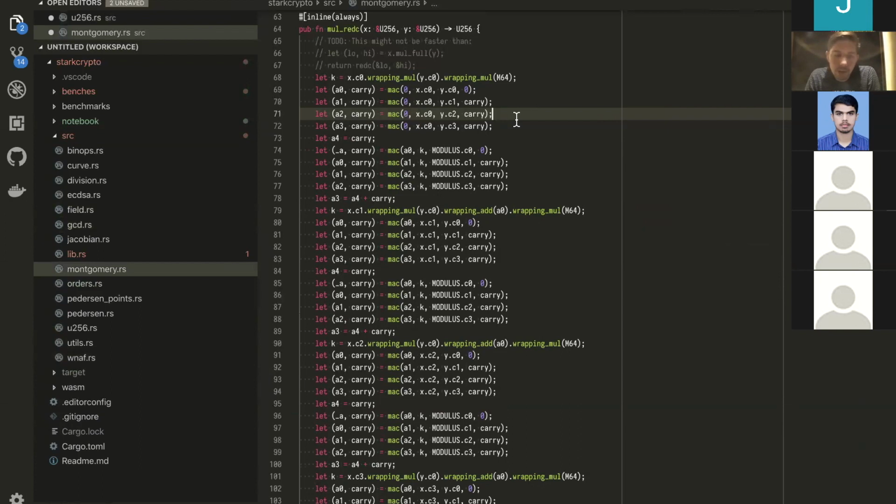I mostly got into Starks because of the claimed performance by Starkware. In particular, the prover time, which is a main bottleneck when you use it for scaling, is actually really good for Starks. And we were sort of cocky in thinking that we could implement a Stark verifier in the EVM and have it within the block gas limit.